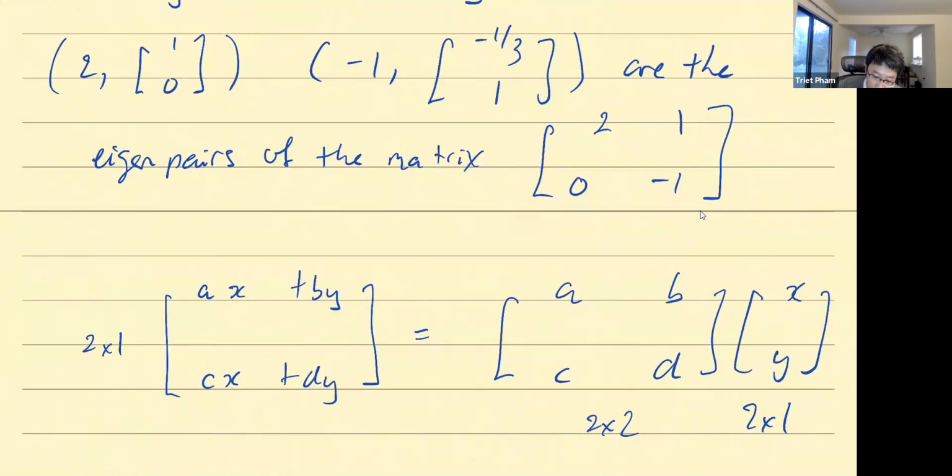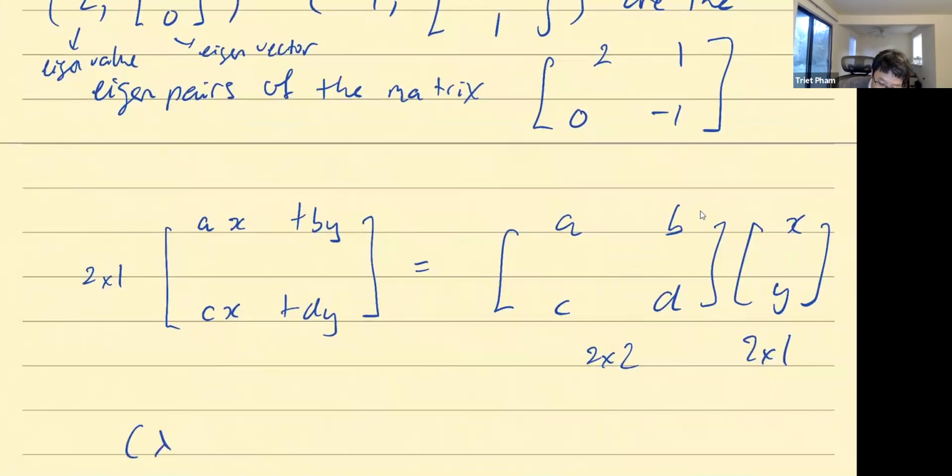Just one more thing, in case those of you who don't quite recall what eigenpairs means: the scalar is the eigenvalue, and this is the eigenvector corresponding to that eigenvalue.